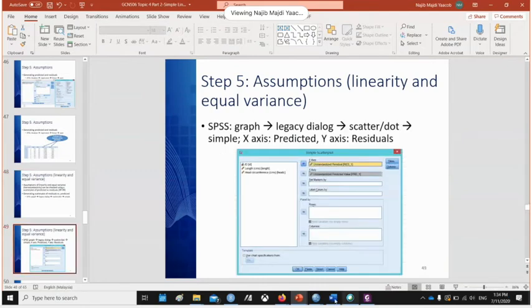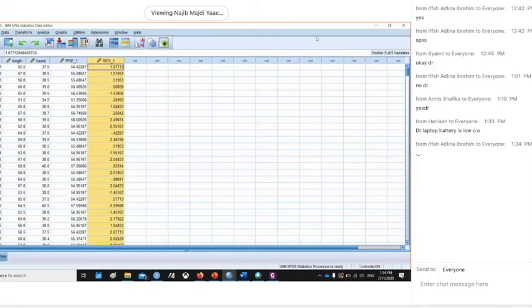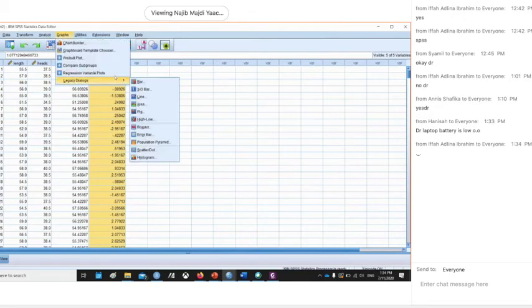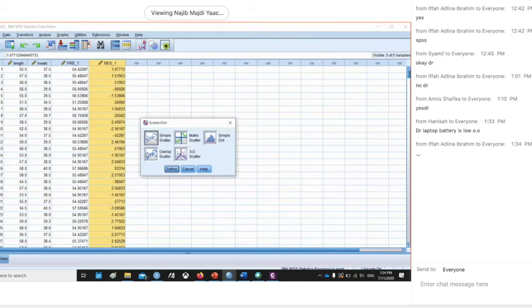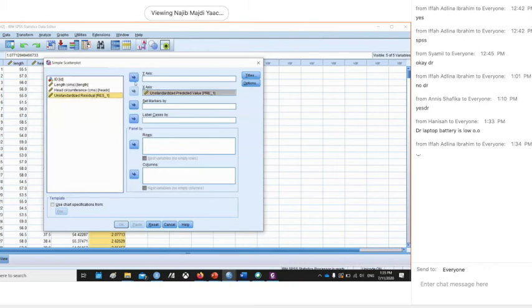Okay, so now you have generated the residual. What we need to do is plot a scatter plot of XPYR. Scatter plot, simple scatter, X predicted, Y residual, then click OK.